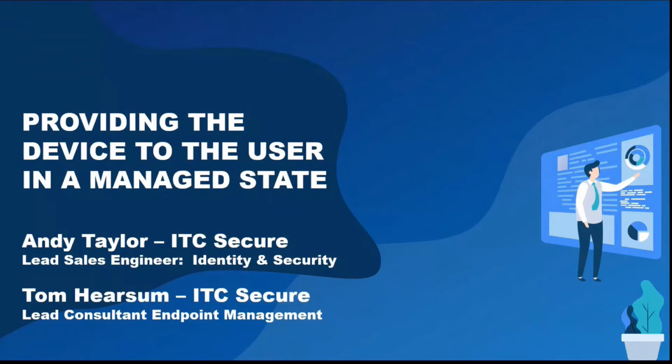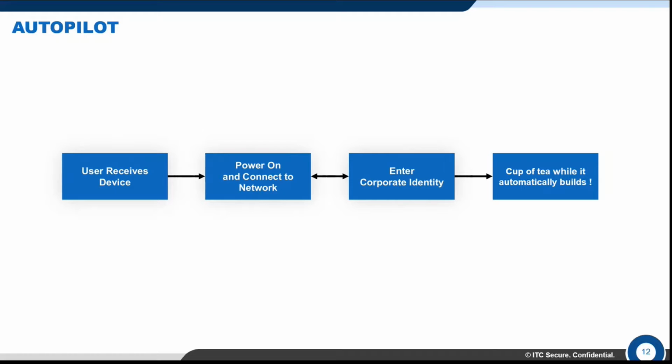So let's jump in and actually look at some of this. Our first scenario is, we're going to actually send a device to that user. Maybe they're a new starter. So straight from the factory, we can ship the device to them. We don't need to do an image down onto the machine, pre-build anything.